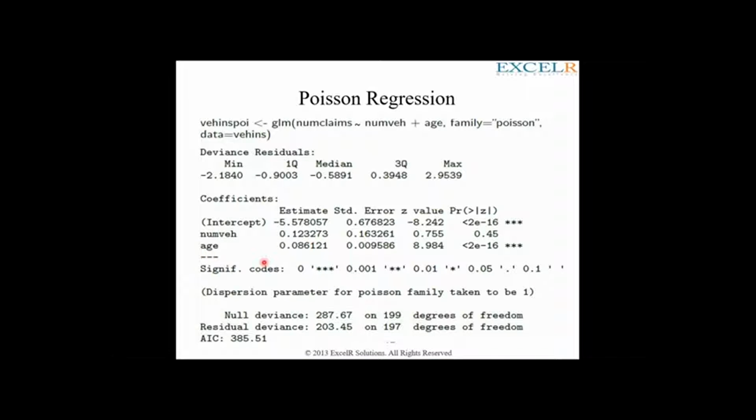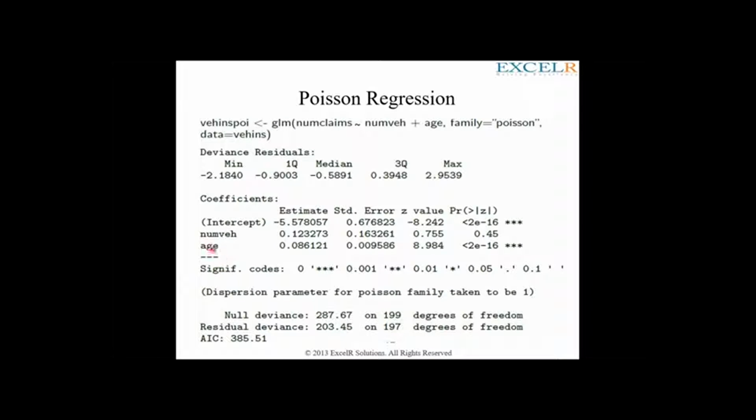Age, let us interpret this also. Log of number of claims would increase by this unit 0.08 for every unit increase in age. If I'm going to increase my age from 30 to 33, it's called as 1 unit change.